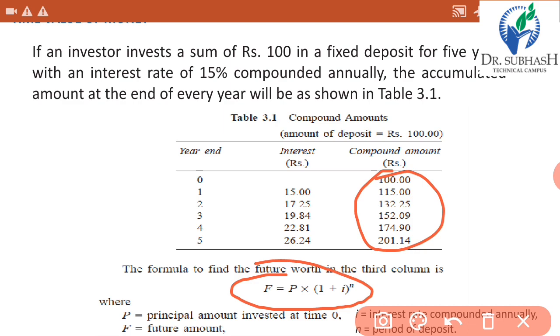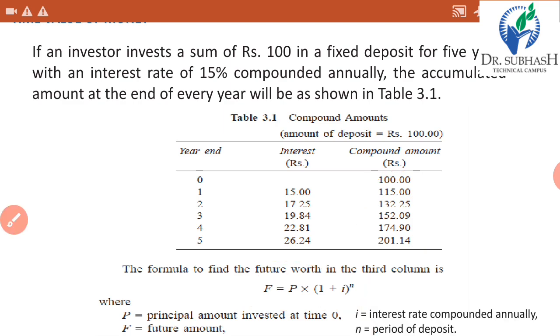This is the formula for finding the future value, where F is the future amount, P is the principal amount invested at time 0, i is the interest rate compounded annually, and n is the number of periods of deposit, or number of years.